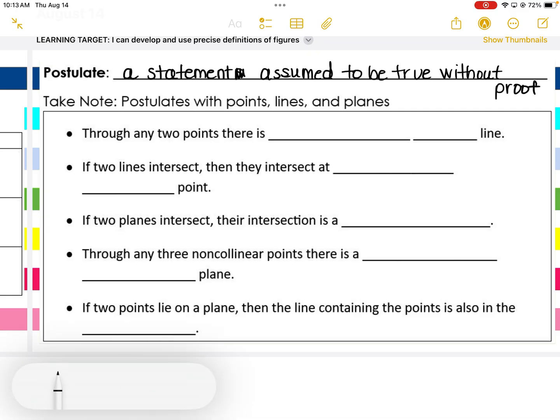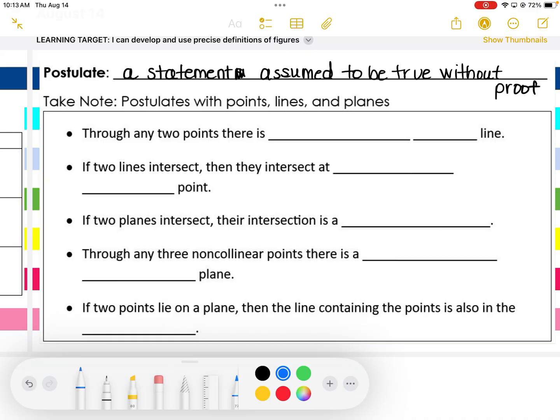Okay. Assumed to be true without proof. Okay, and a lot of these will be common sense. So let's think about these, visualize these as we're filling these in.